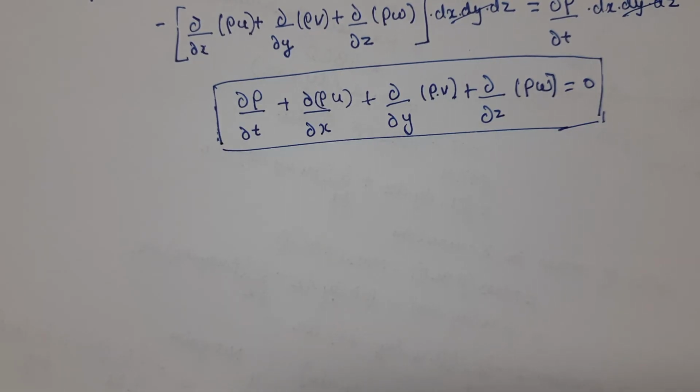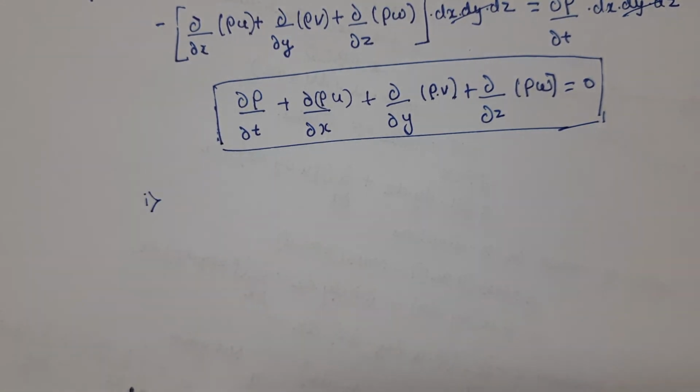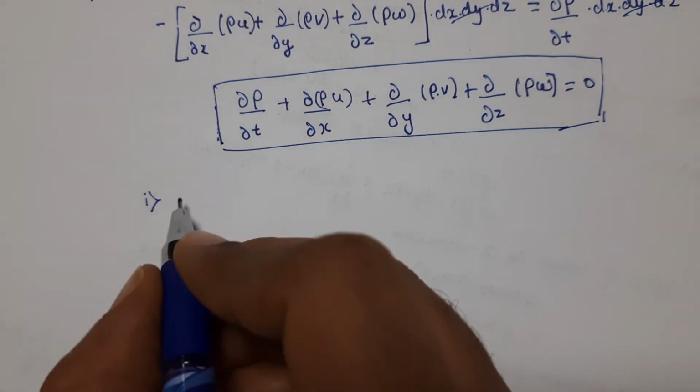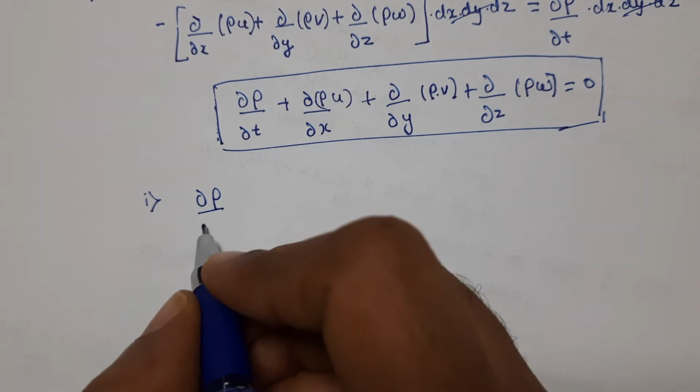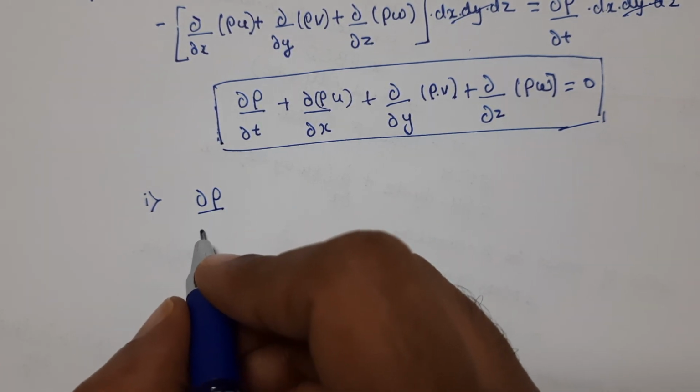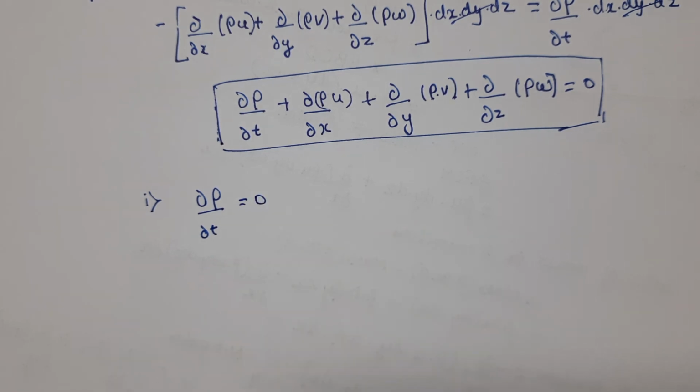Now let us consider a few applications here. If we have a steady flow or an unsteady flow, in a steady flow the change of density ∂ρ/∂t will be equal to 0.